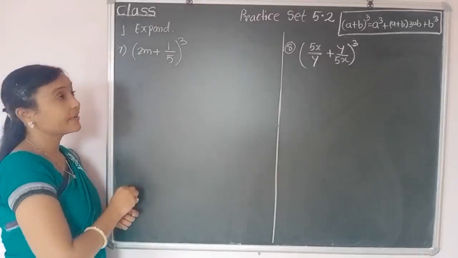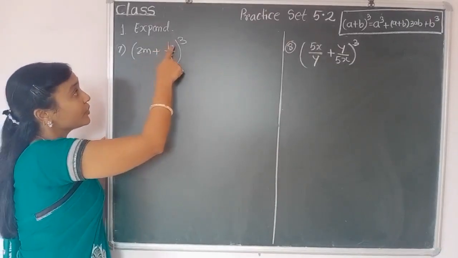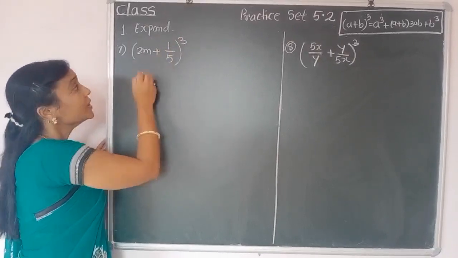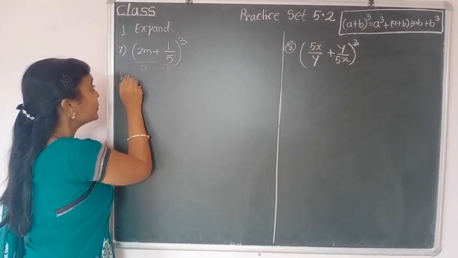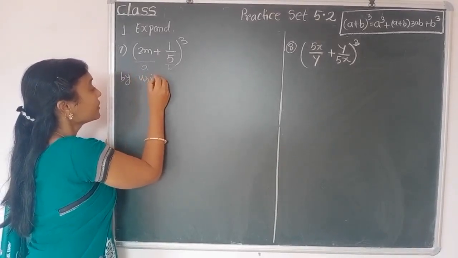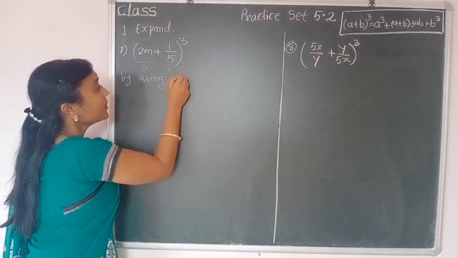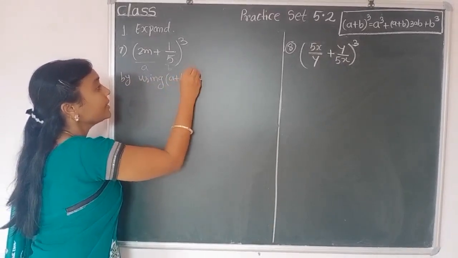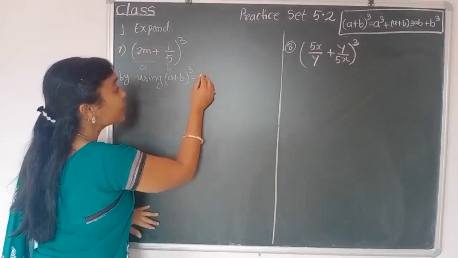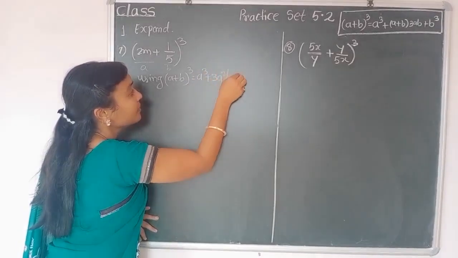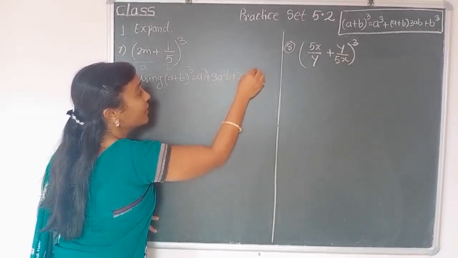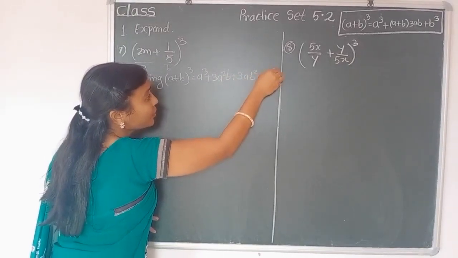Example number 7. (2m plus 1 by 5) bracket cube. This is our a and this is our b. So by using (a plus b) bracket cube, our expansion is a cube plus 3 a square b plus 3 ab square plus b cube.